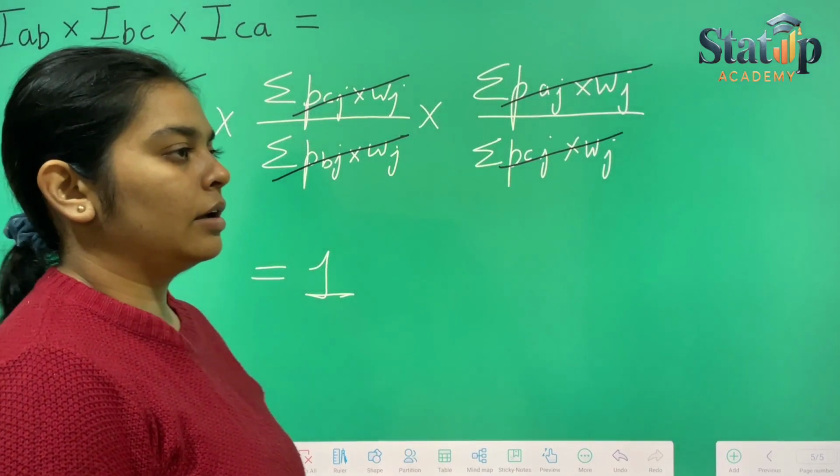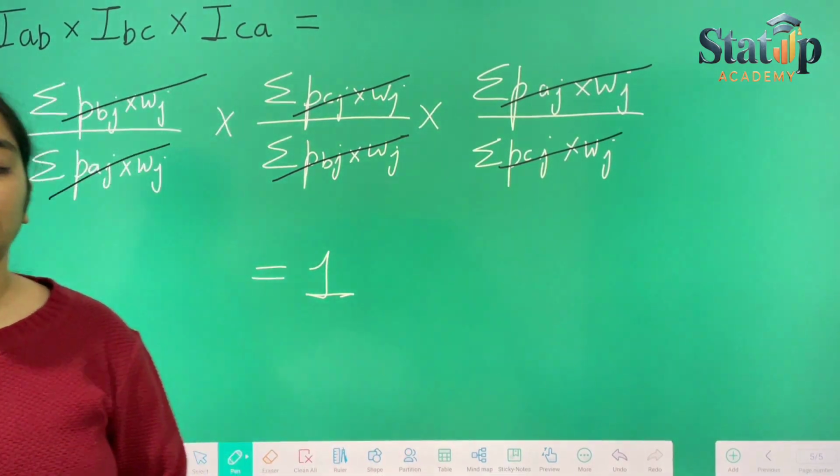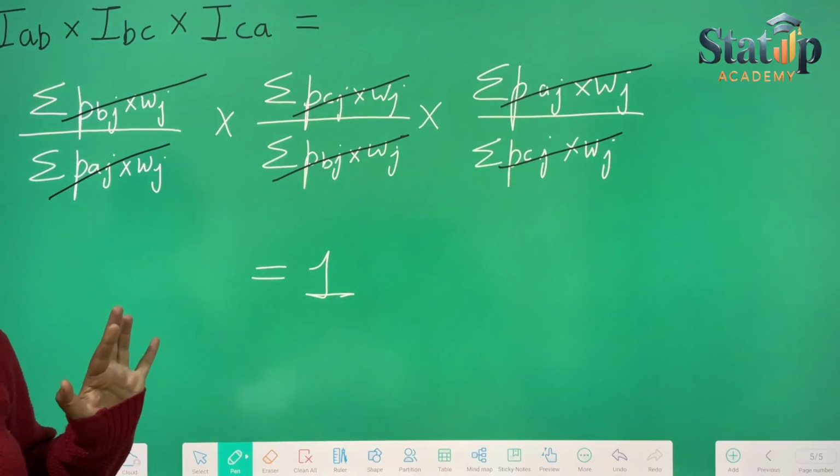So these two you can check for quantity as well, as we have done for Kelly's index number for price.